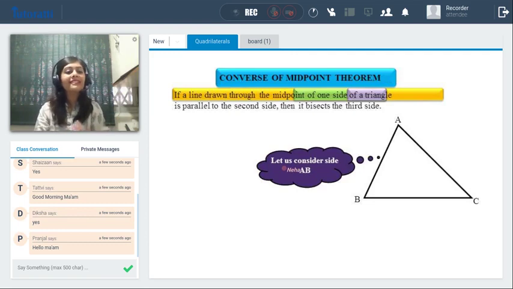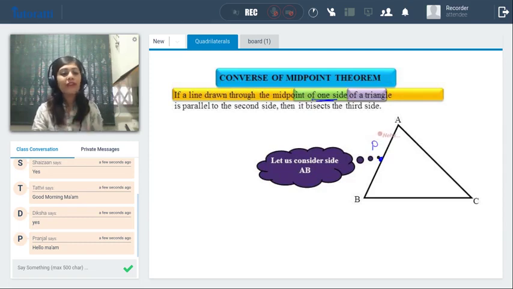The opposite could be that it's given to you that we have a line parallel to one side, and we will prove that there is a midpoint of the other side of the triangle. Let's look at the statement. If a line is drawn through the midpoint of one side of a triangle, so let's look at what the converse says. For one side of the triangle, we have a midpoint.